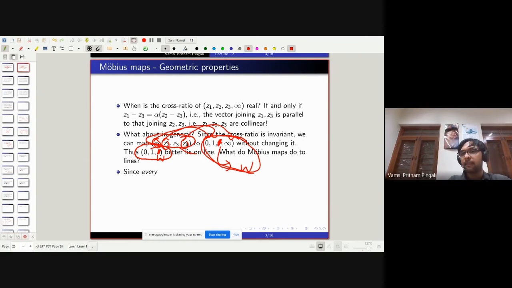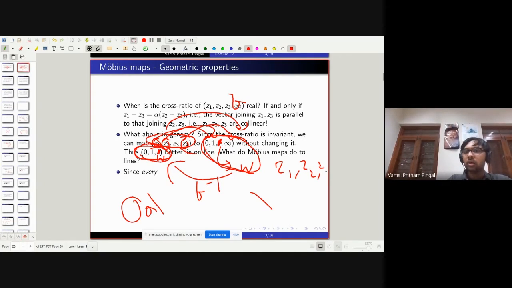So if these three lie on a straight line, there's a Mobius map that goes from here to here, and under the inverse, that straight line goes to either a straight line or a circle. That means Z1, Z2, Z3 lie on a straight line or a circle.